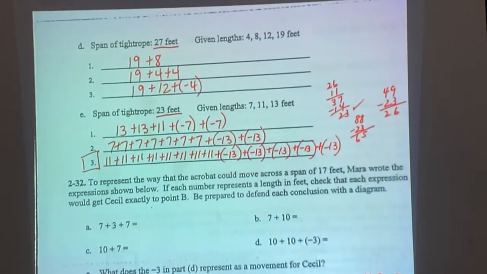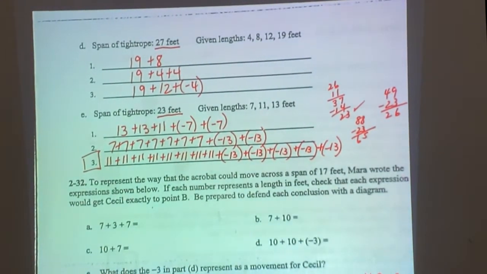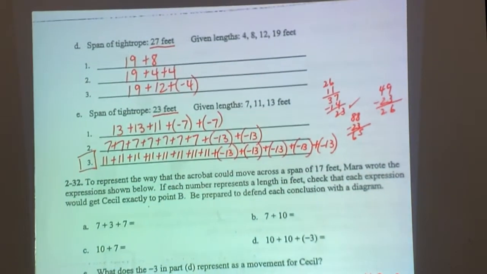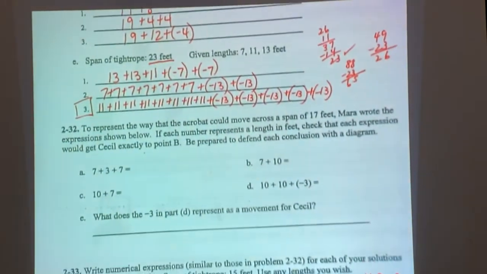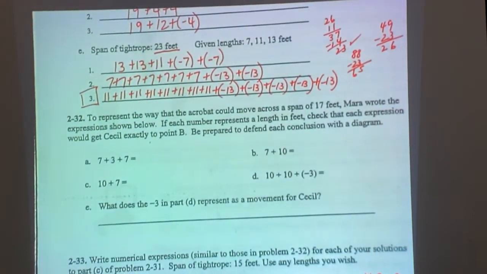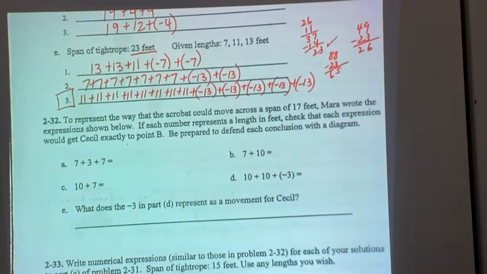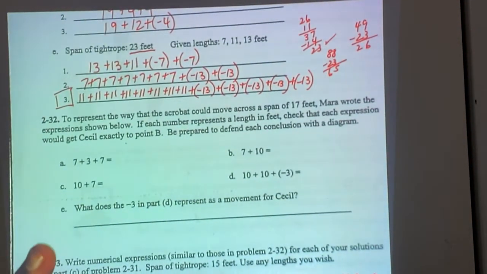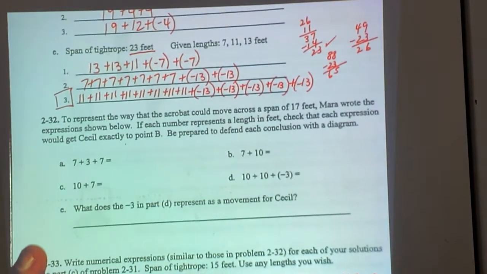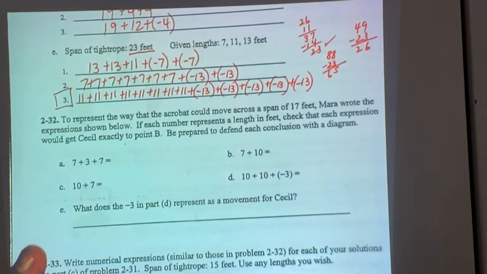To represent the way that the acrobat could move across a span of 17 feet, Mara wrote expressions shown below.